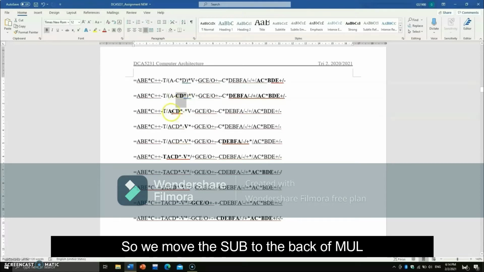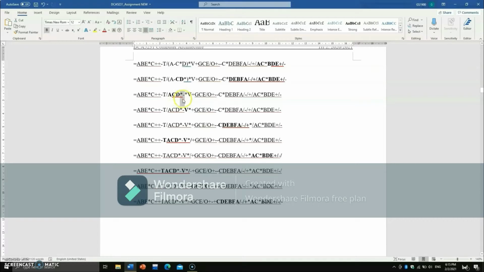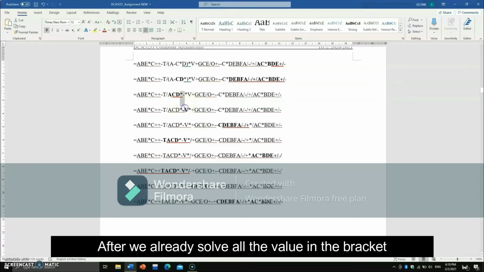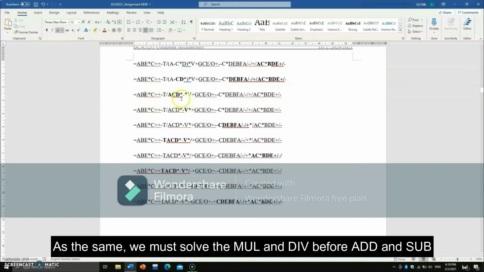So we move the subtract to the back of multiply, because CD multiply is our second value. After we solve all the values in the bracket, now we can solve the values and operators without brackets.